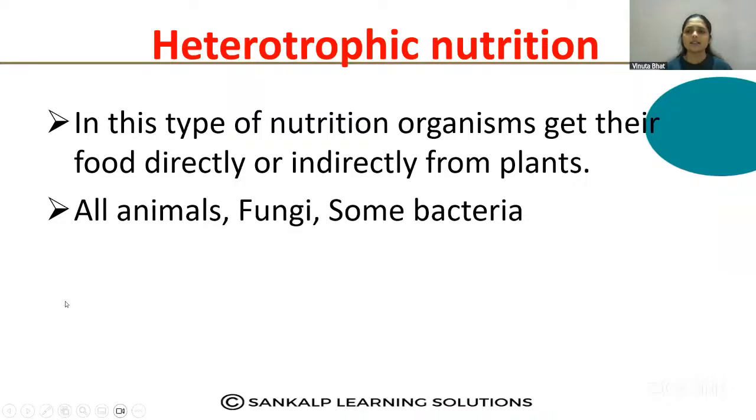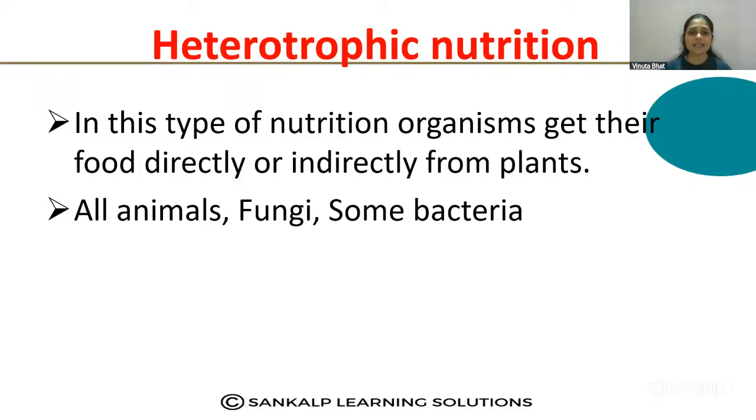Then we learned about the autotrophic nutrition. What is autotrophic nutrition? And the photosynthesis process, the steps involved in the photosynthesis process, the chemical reaction, and the important structures, that is the chlorophyll and the stomata. So the next is about the heterotrophic nutrition. What is this heterotrophic nutrition?